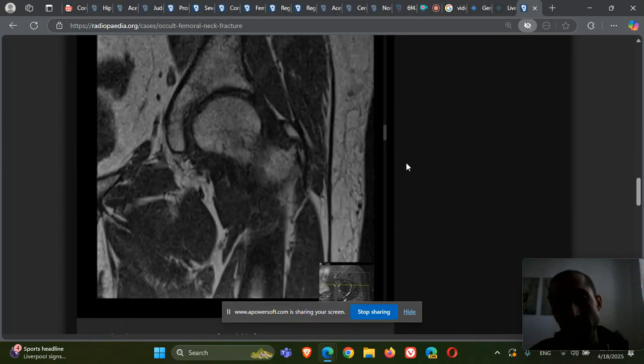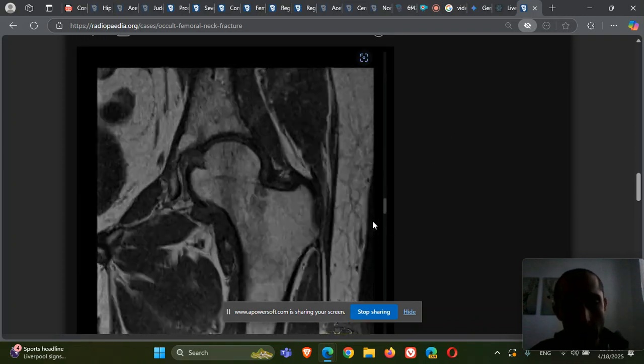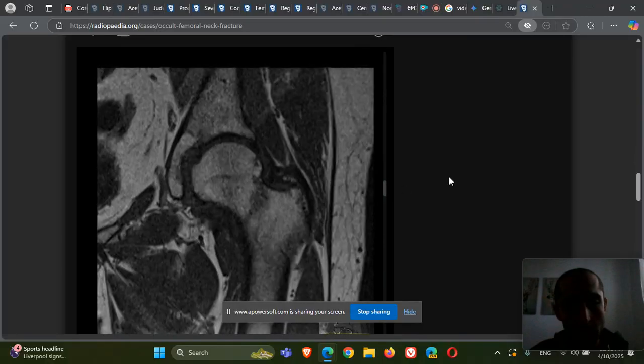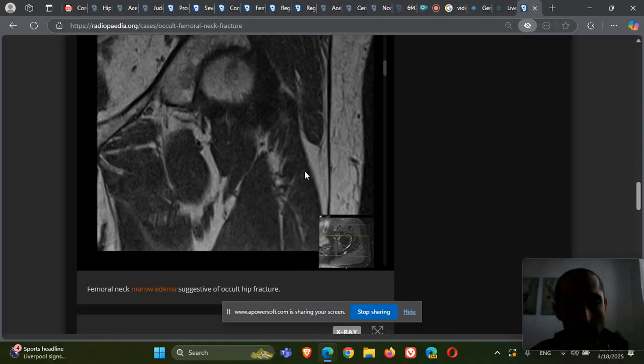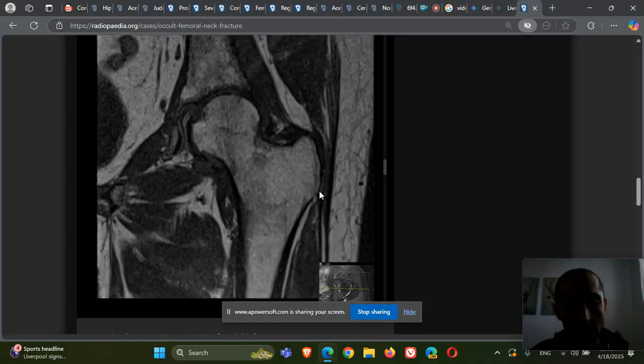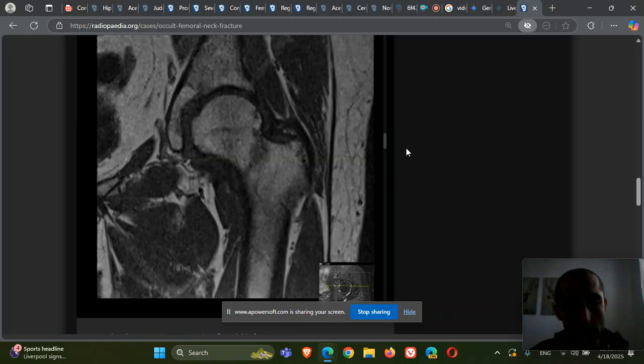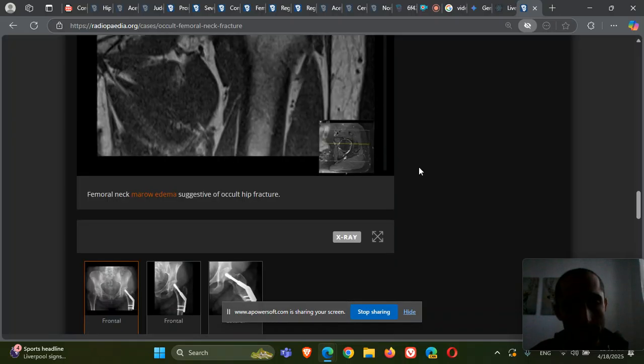Okay, so you can see how hard it is to see, but on the MRI, those are the T1, you can see quite clearly the fracture line right over here.